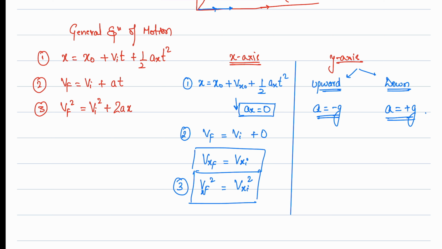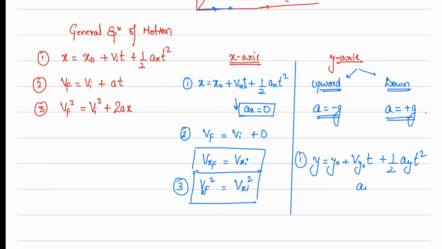So in the same way, you need to solve equation number 1. You can say y equals y naught plus vy naught, the initial velocity along the y-axis, times t, plus half a y t squared.